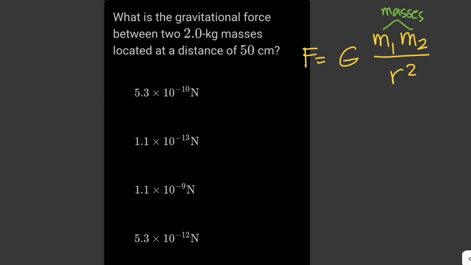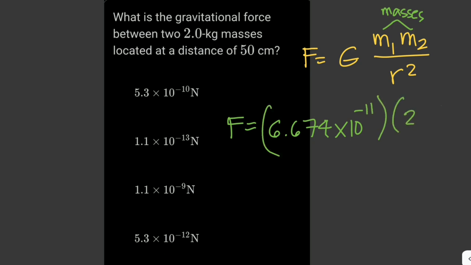Our gravitational force F is equal to G, which is 6.674 times 10 to the negative 11, times mass 1 and mass 2, that is 2 kilograms, 2 kilograms, divided by 0.5 squared. We should put the units here.